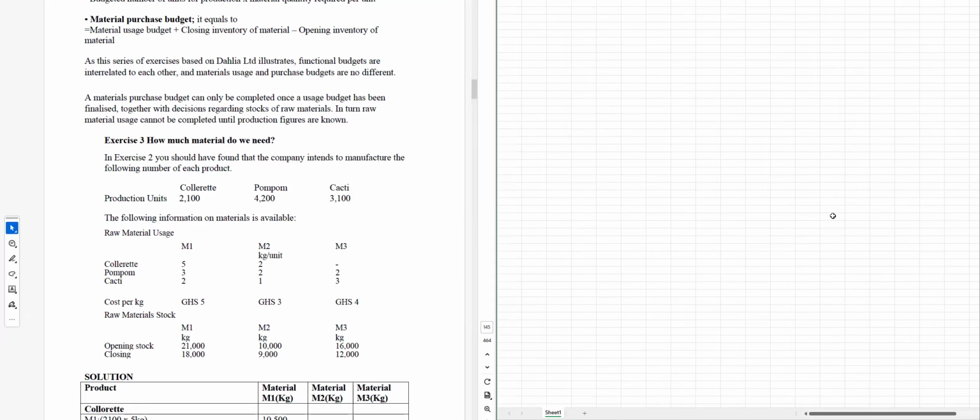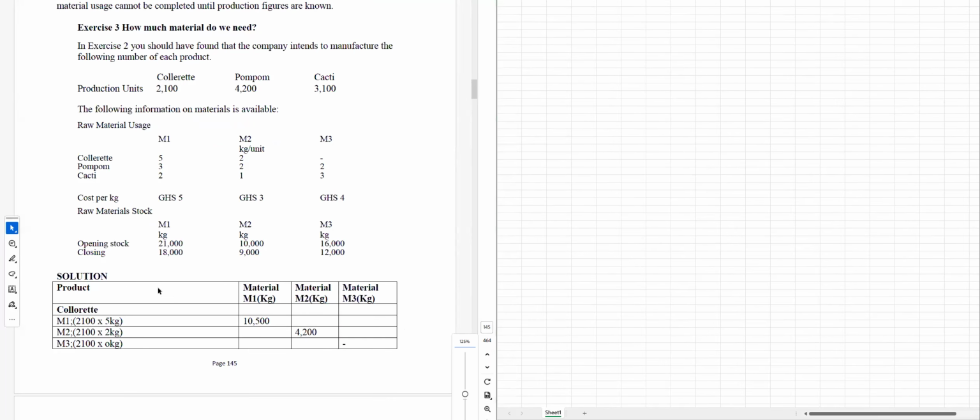So in that case, let's see. Now we have how many raw materials? Three. What are they? Material 1, material 2, material 3. They are all in kgs, right?